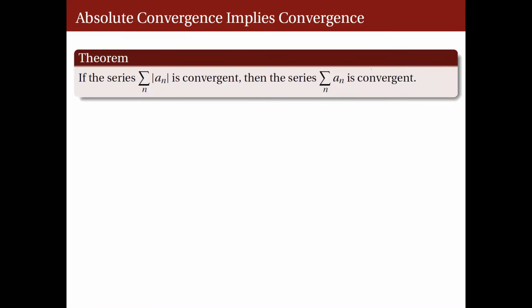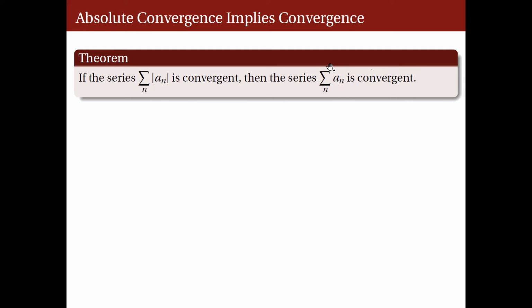So next, let's consider this theorem. So it says that if this series, yung series of absolute values, is convergent, then this series, yung without the absolute value, is also convergent. So itong theorem na ito, pwede nyo din siyang gamitin to show convergence ng series na ito.